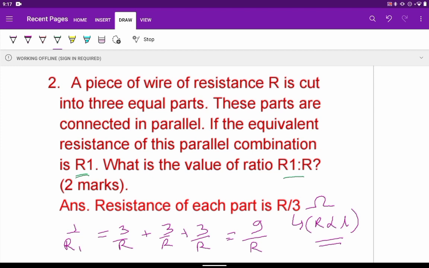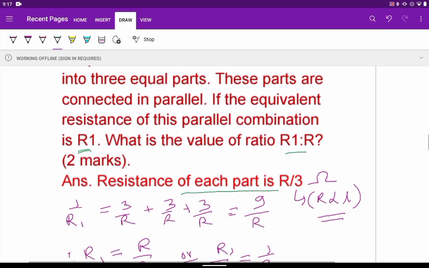Now we know that the resistance is directly proportional to the length. So when we are cutting it into 3 equal parts, the length becomes L by 3, and the resistance of each part also becomes 1/3, R by 3.